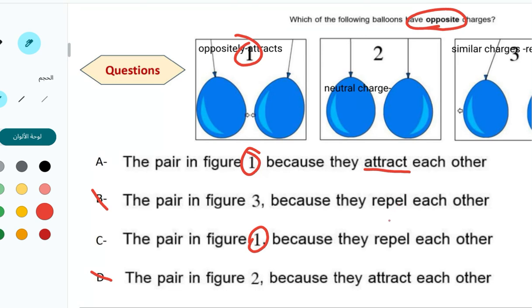If they repel, then they would be the same. So that eliminates choice C, leaving only A. Okay?